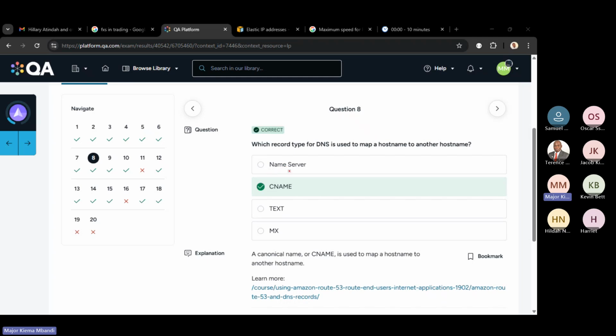Now the name server. For a domain, Route 53 is like an application, so there must be an application server that does the resolution. We call them the name servers. They contain the information.